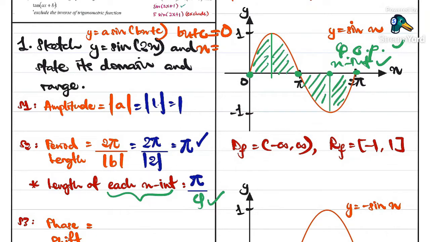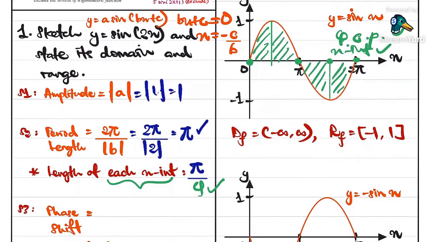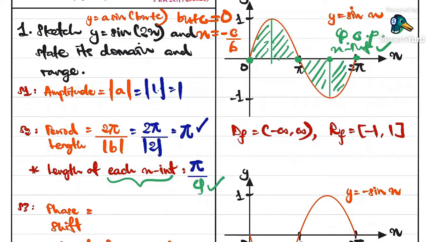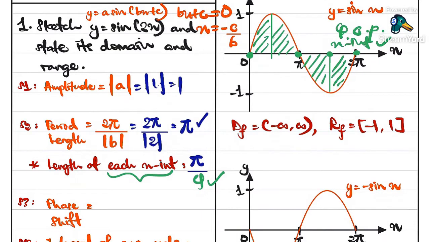Therefore, when you make x the subject, you get negative c over b. Basically, you are trying to know whether it shifts to the left or to the right. If you do not prefer to write negative c over b, you can just write 2x is equals to 0. Therefore, x is equals to 0.